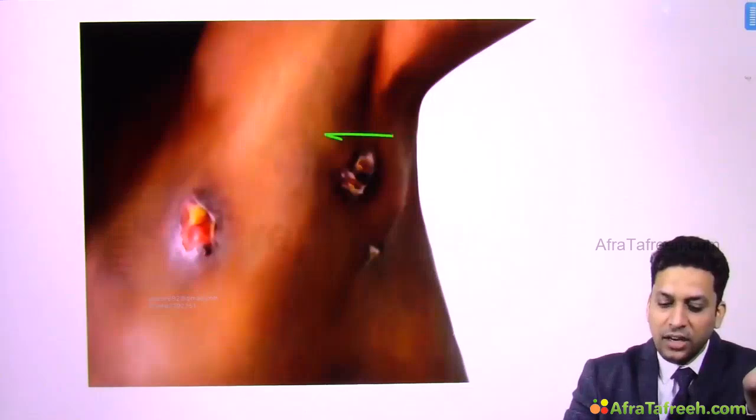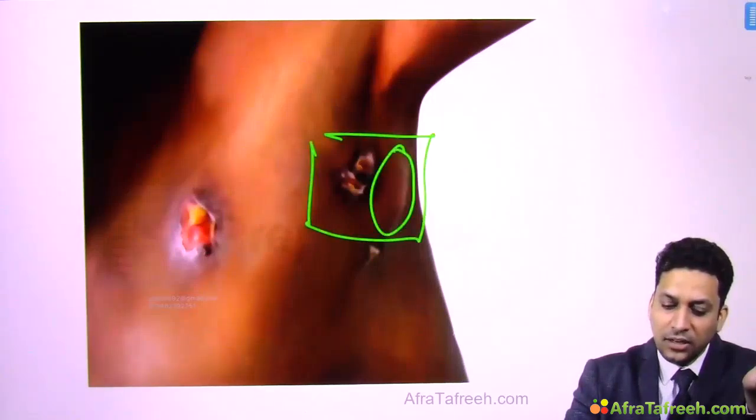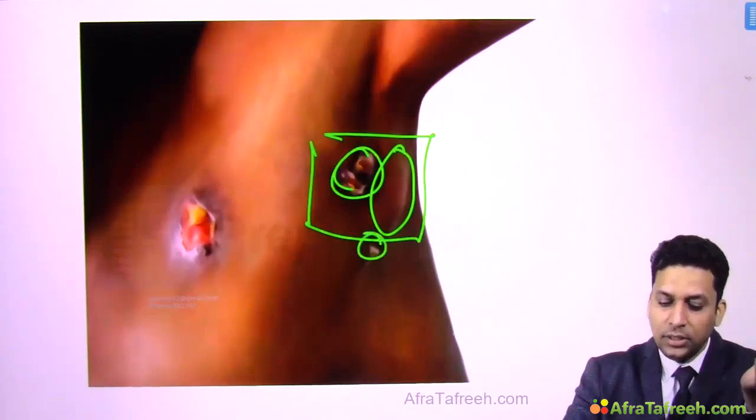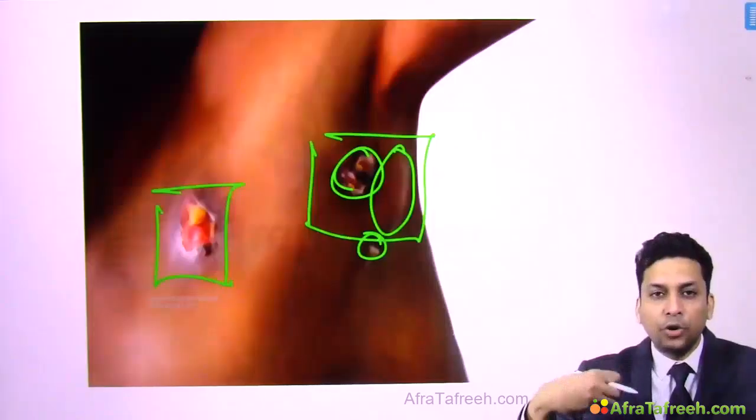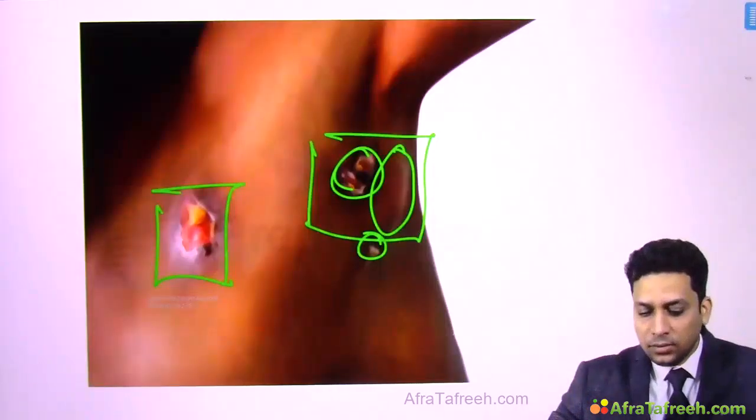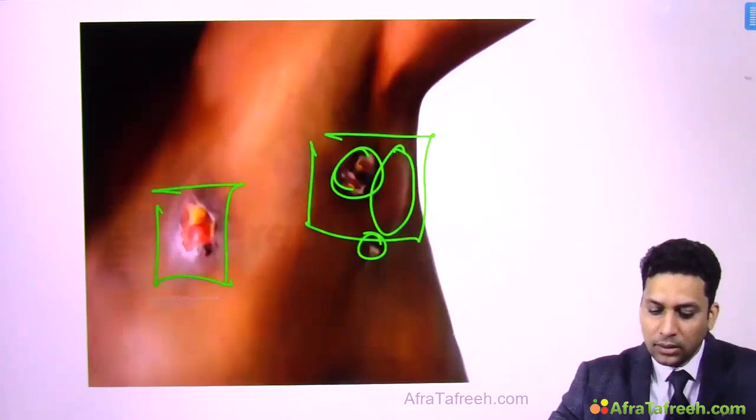Like here, due to axillary lymph node involvement, you can see this enlarged axillary lymph node, and some of them have ruptured to form the sinus tract. Here over the chest wall, it might be due to bone tuberculosis in the ribs. So these are the cases of scrofuloderma.